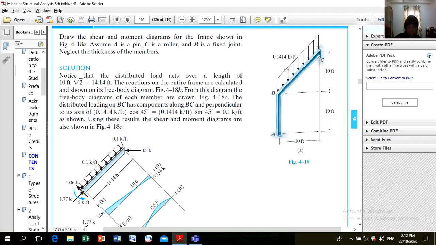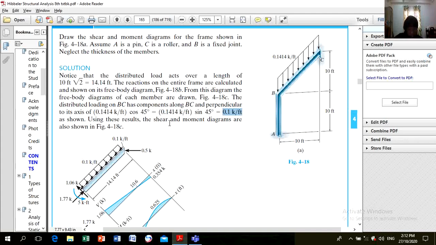So we need to get the component of this one along x and y. 0.1414 cosine 45 degrees is 0.1. So this 0.1 kips per feet will become the perpendicular distributed load acting at member BC.